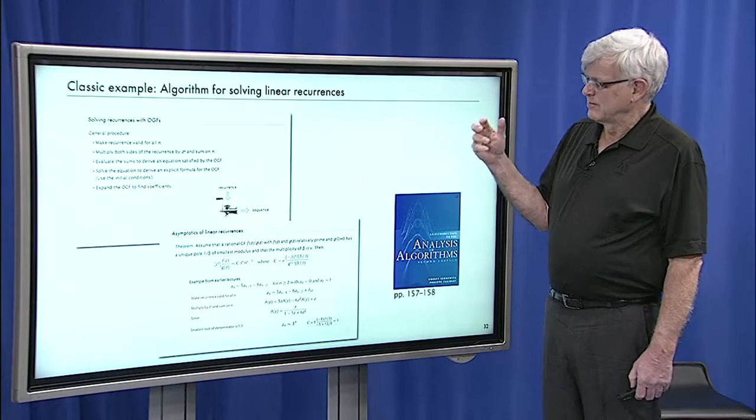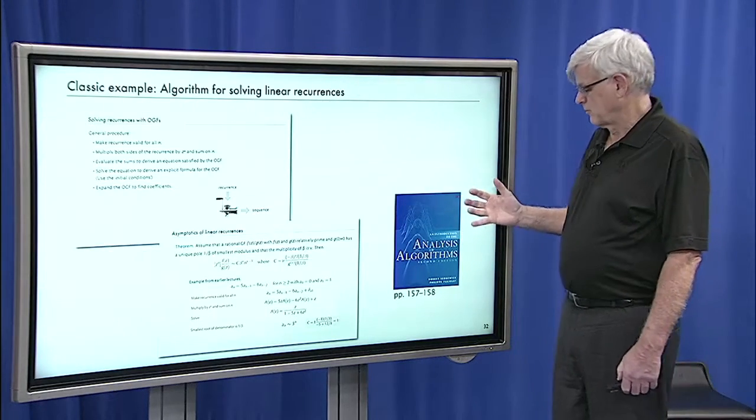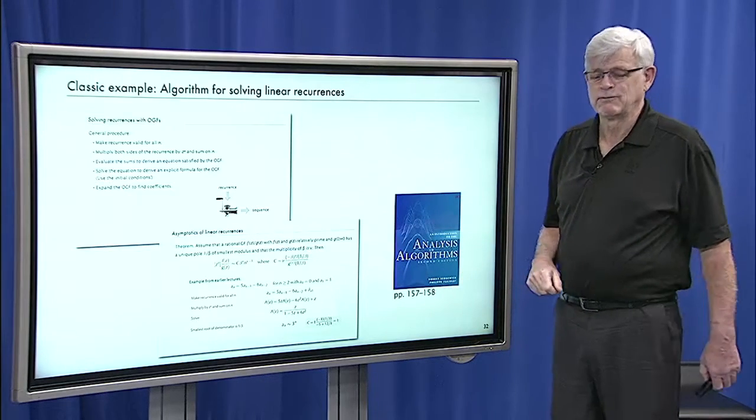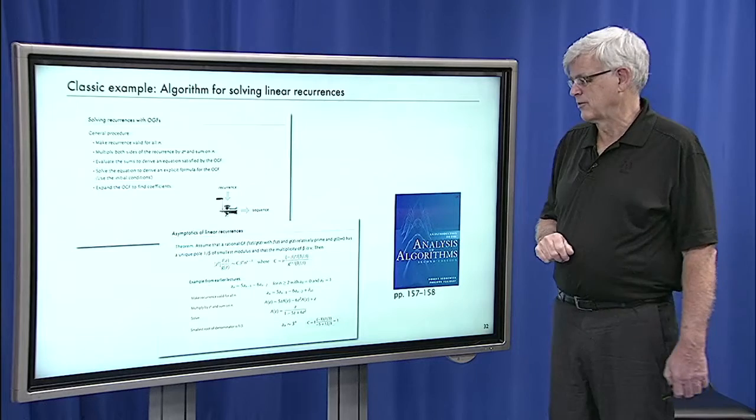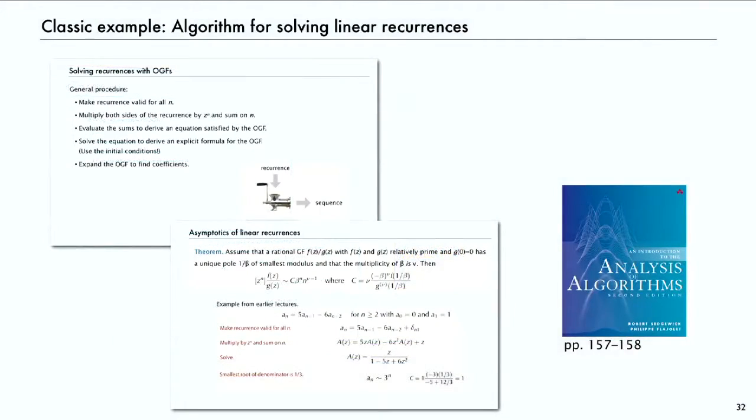Another thing about this, and this was covered in part 1 of this course, and it's on pages 157-158 of our Introduction to Analysis of Algorithms book, is that another way to look at this idea of extracting coefficients from rational functions using partial fractions is that it's an algorithm for solving linear recurrences. Because what we do to solve linear recurrences is just make the recurrence valid for all n, multiply both sides by z to the n and sum on n. That gives us an equation satisfied by the generating function.